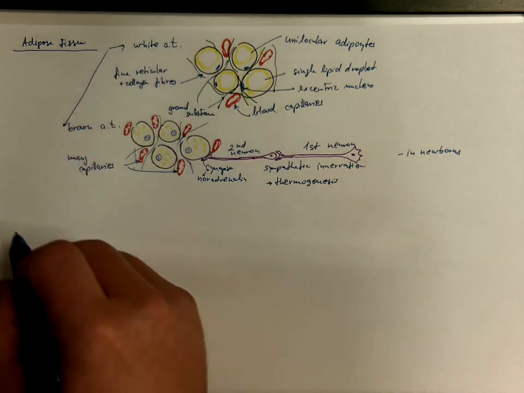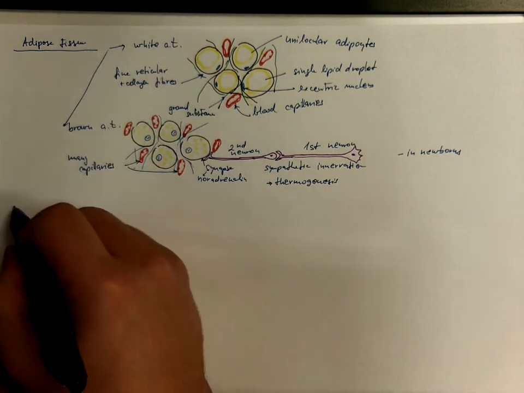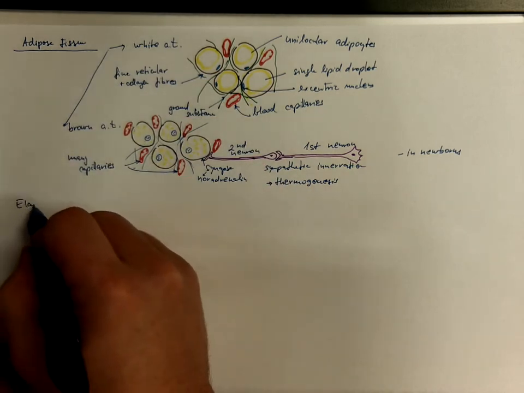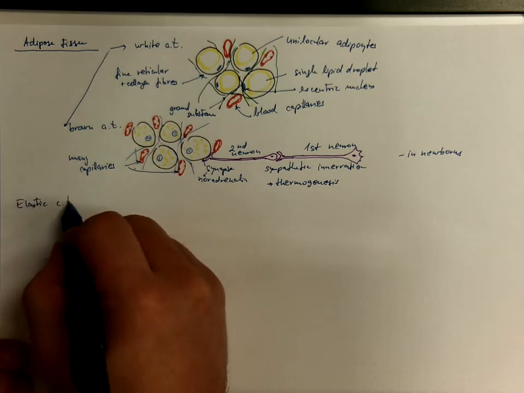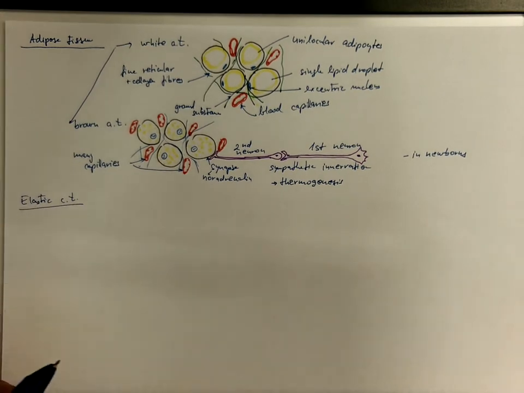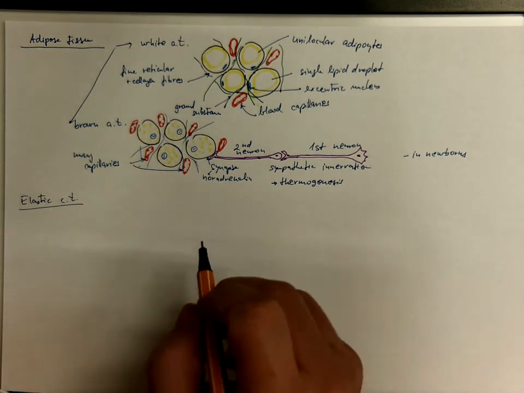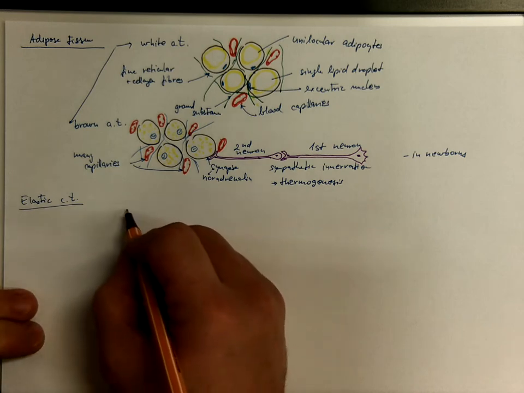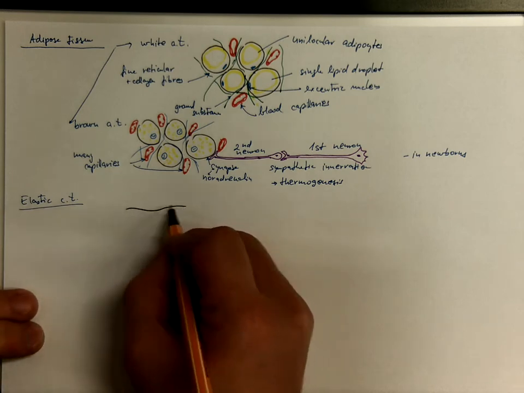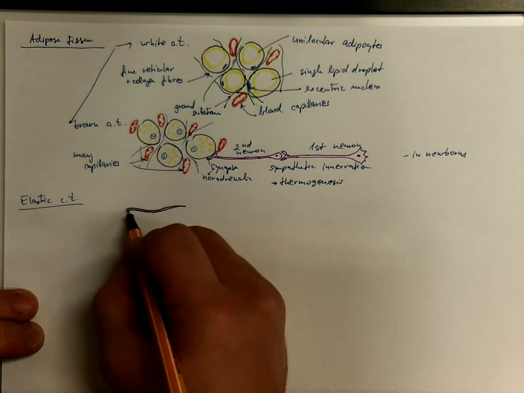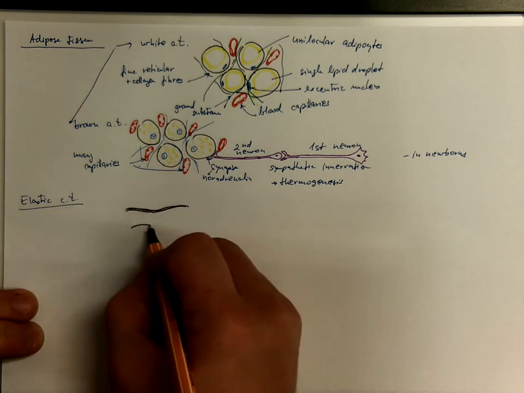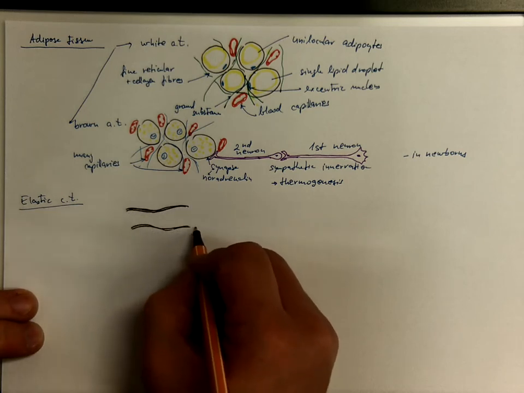Okay, another type will be elastic connective tissue. A good example of elastic connective tissue would be the structure of elastic arteries, such as the aorta, where we have a whole network of elastic membranes.